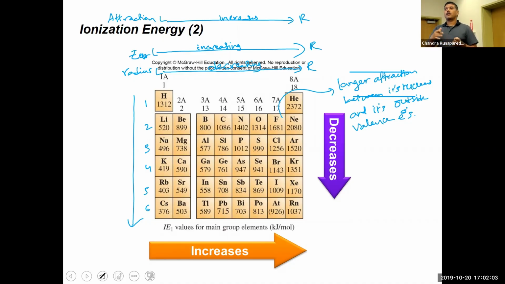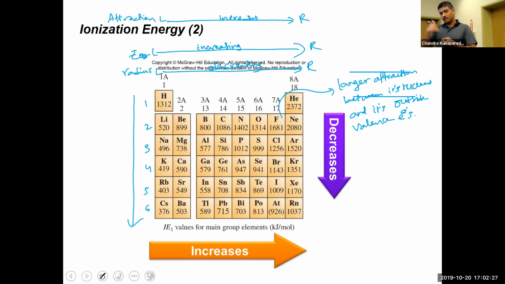Because it gets larger in size, the Z effective is weaker on the outside electrons as you go from top to bottom in the periodic table, which makes it easier to remove an electron from an element lower in a group than higher.